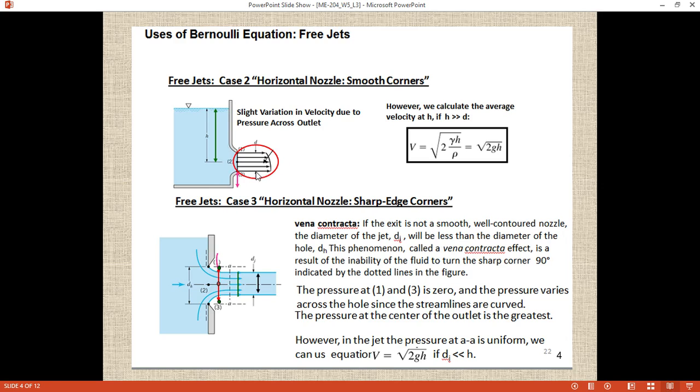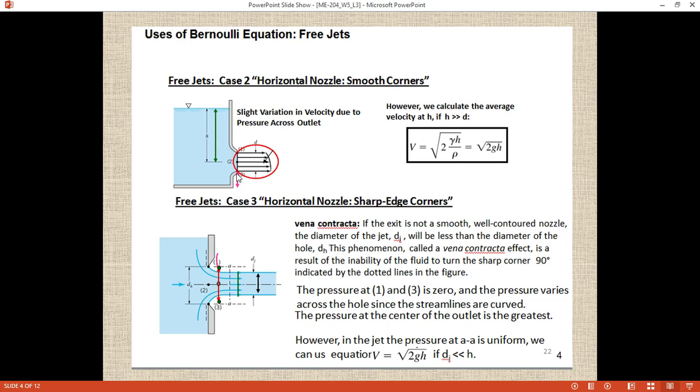We have seen water tanks and reservoirs; sometimes we see the discharge at the bottom, and sometimes at the horizontal side. So here we have a horizontal discharge, but the exit of the discharge has nicely smooth corners.